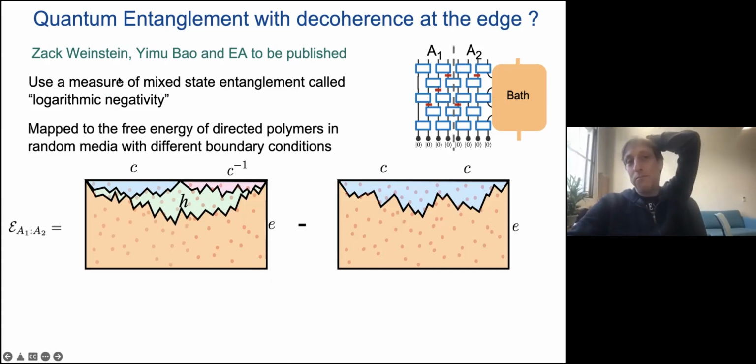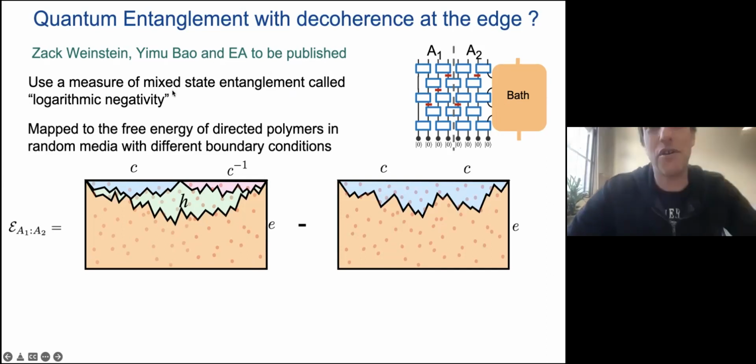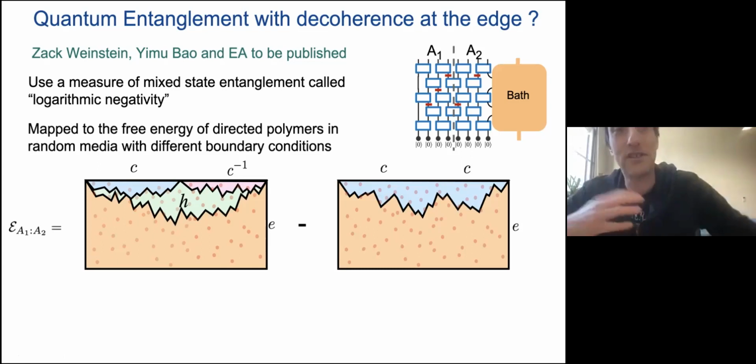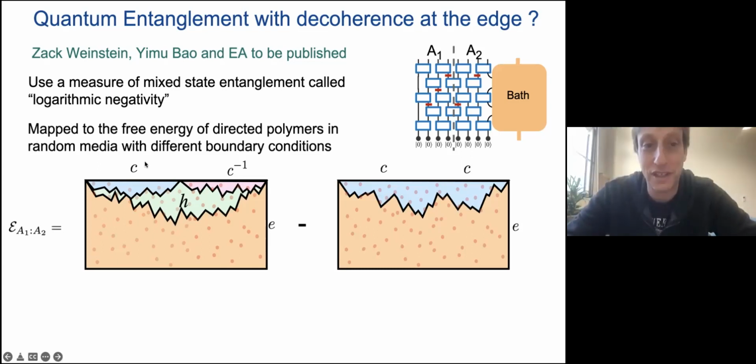Turns out that you can measure the intrinsic entanglement in the mixed state by using a different measure called logarithmic negativity. It's a measure of mixed state entanglement, which turns out to be easy to map to the same kind of statistical mechanics model, a little bit more complicated because the boundary conditions are different.